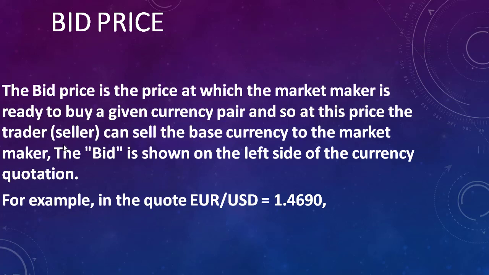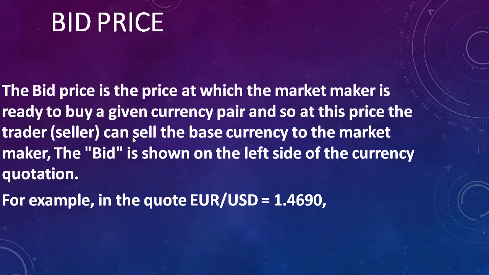Since you have some rand and you want to exchange it for USD, it means the bank will buy rand from you, while you are taking back US dollars. The bank is selling you US dollars. So in this case, you are the seller, while they are the buyer.